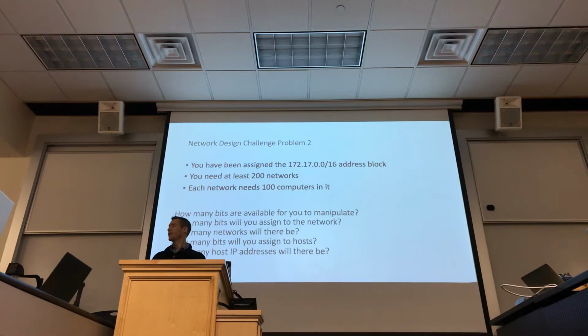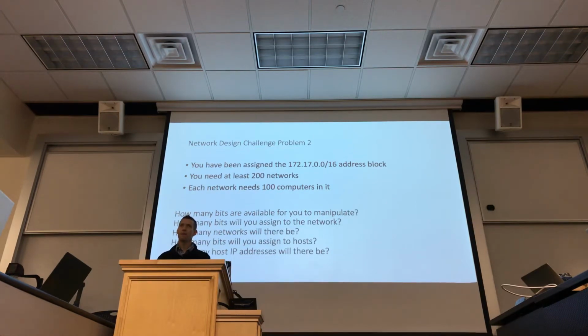Okay. You need more time, or are you ready? If you are ready, how many bits are available for you to manipulate? 16. So there's 16 to the right of the network address. How many bits will you assign to the network? 8 or 9. Okay. And why is 7, for example, not enough?